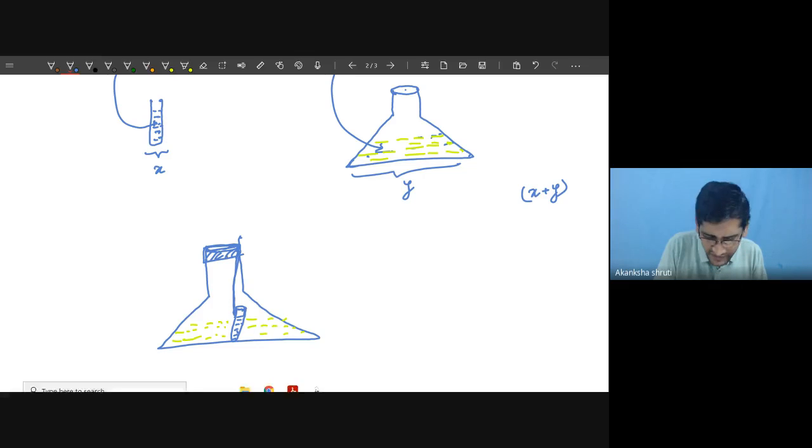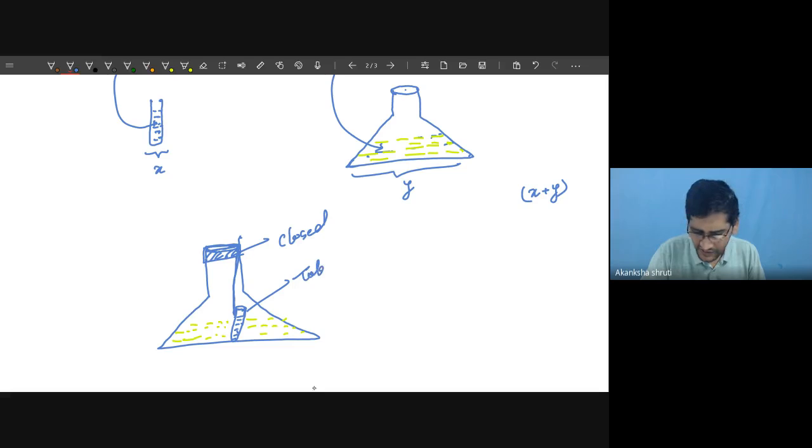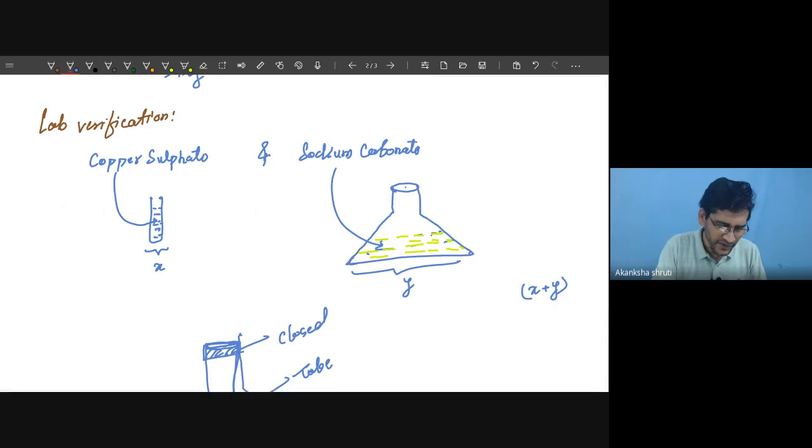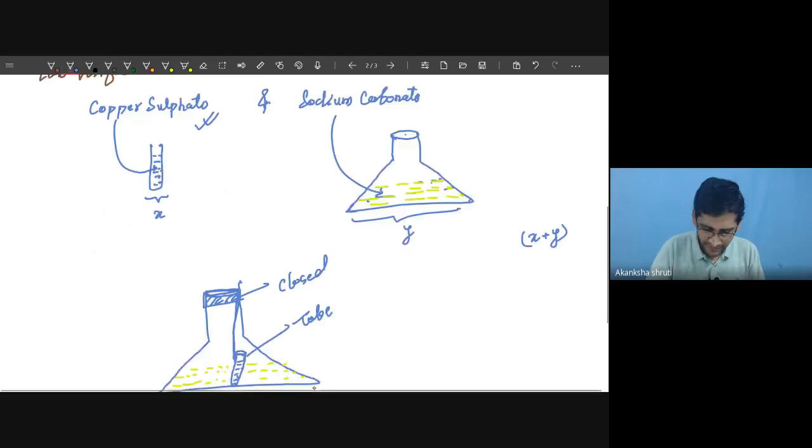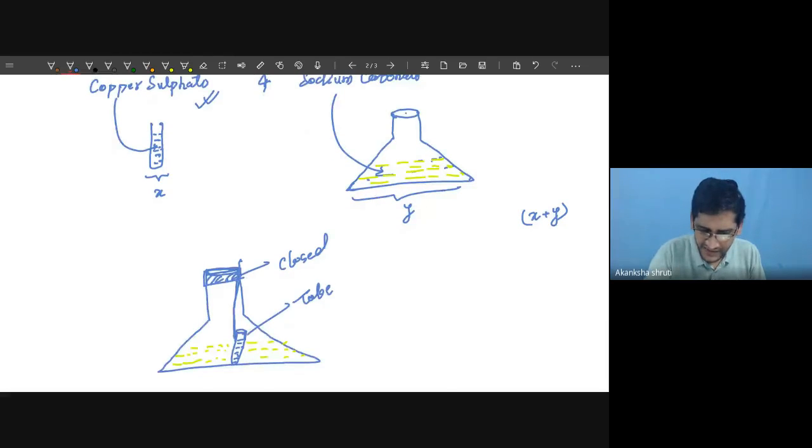So it is a stop cork or lid. This is our tube. Inside this tube is the copper sulfate, but this is our conical flask. This is our flask or conical flask. This is our tube.